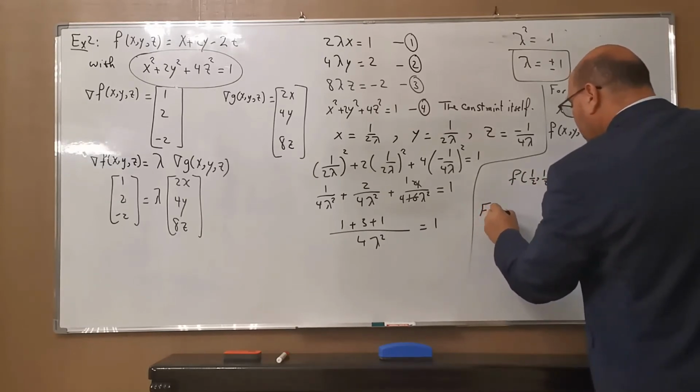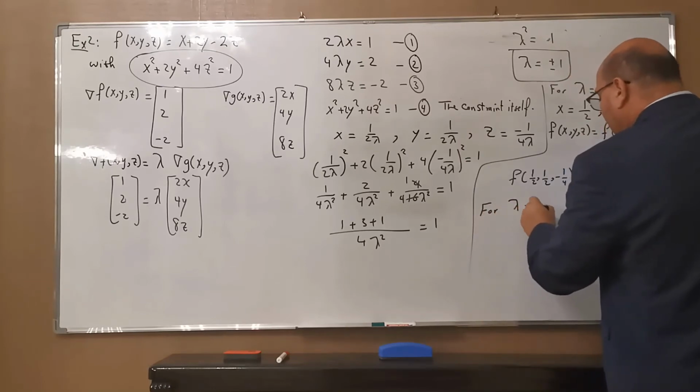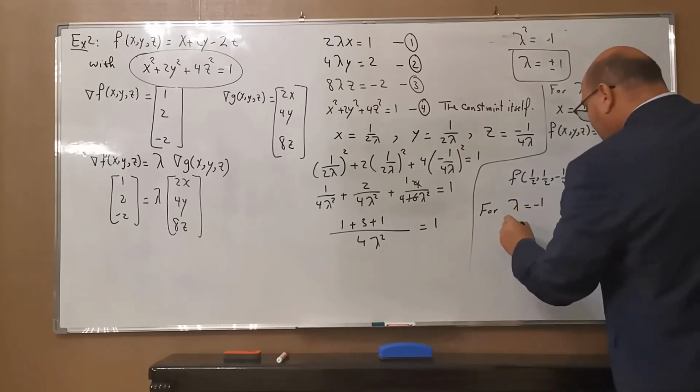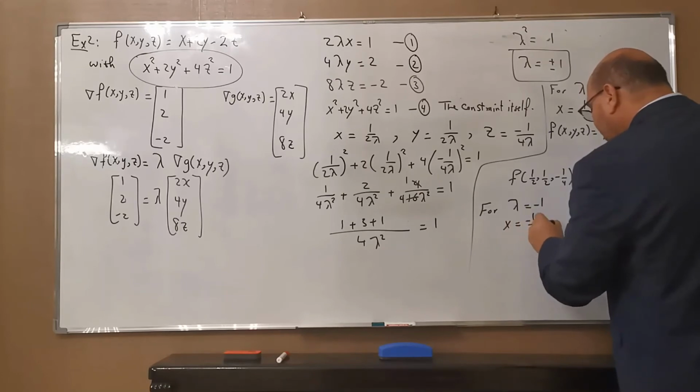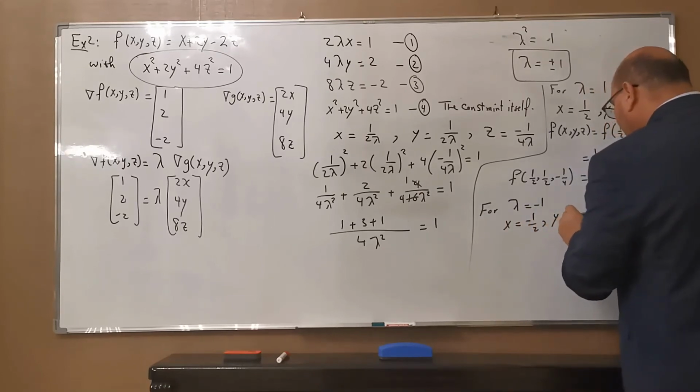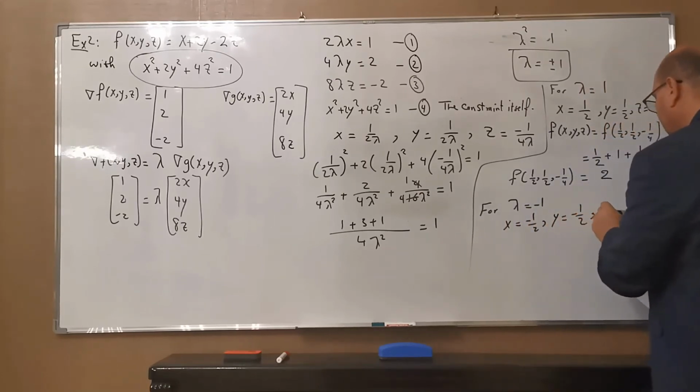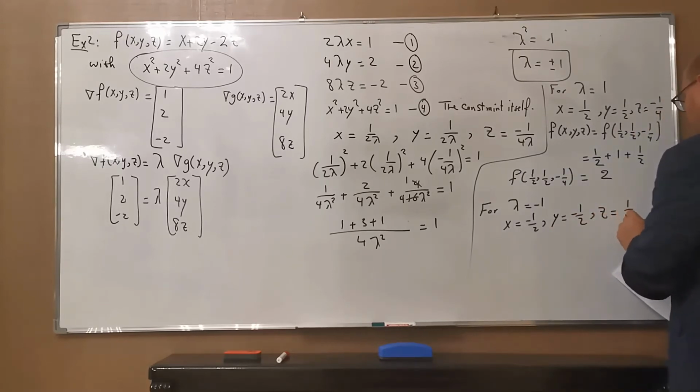For lambda equals minus 1, x equals minus 1/2, y equals minus 1/2, and z equals 1/4.